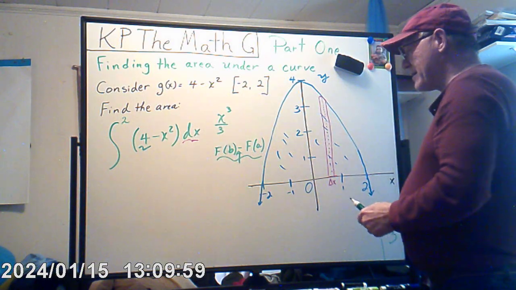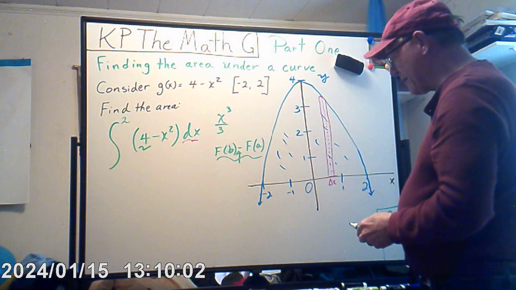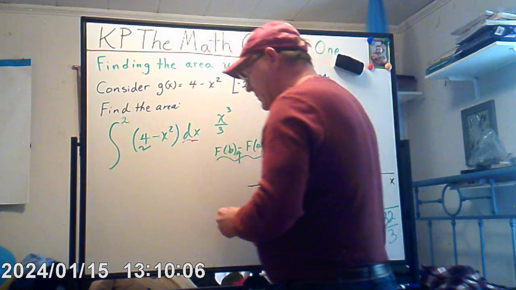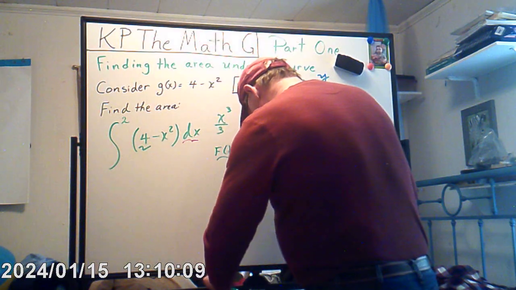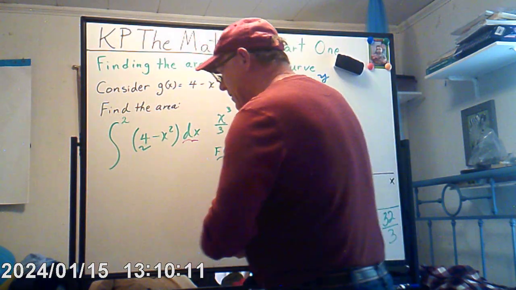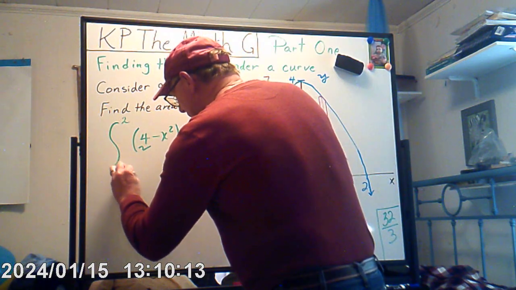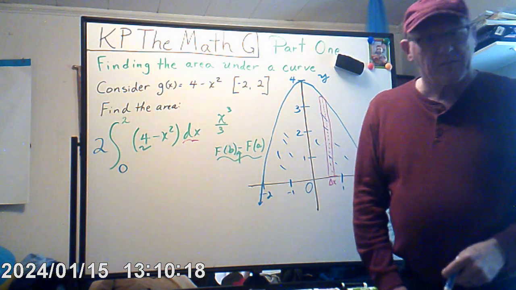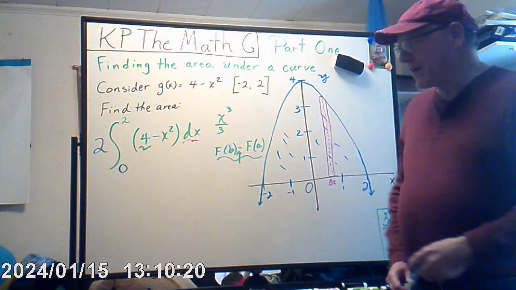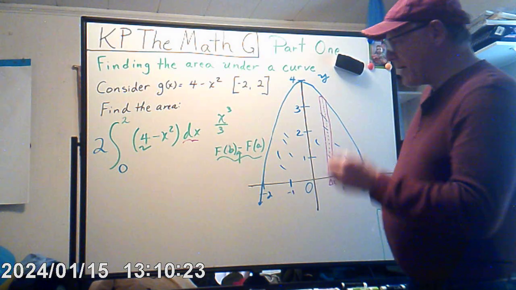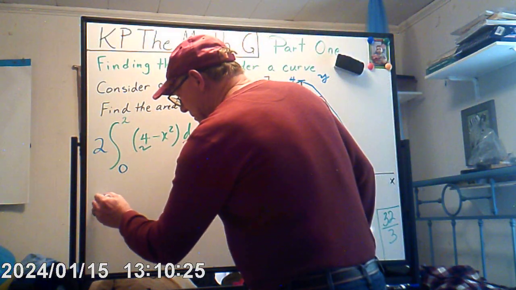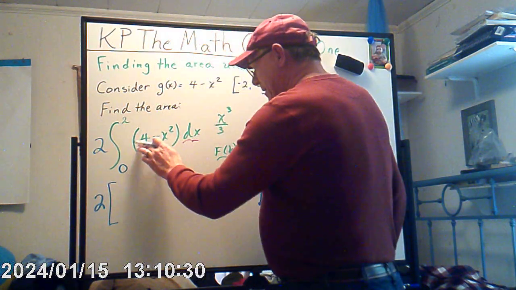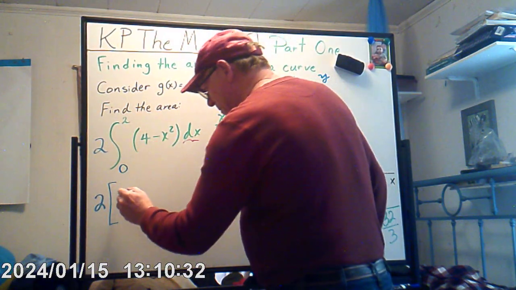Now let's take a look at what I want to do. Instead of from negative 2 to 2, I want to go from 0 to 2. What if after I find that area I decided to double it? You can do that. So let's go ahead and do just that. Now let's do this again, the same as what we had a while ago.